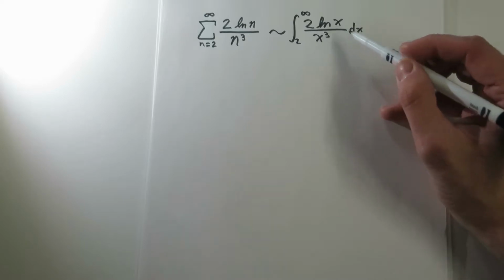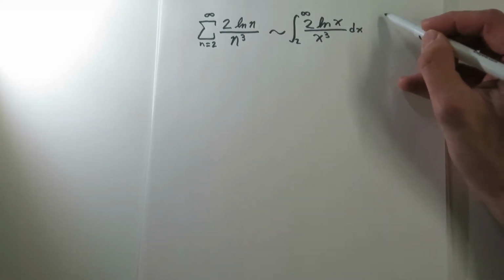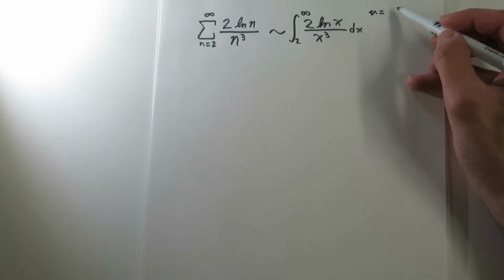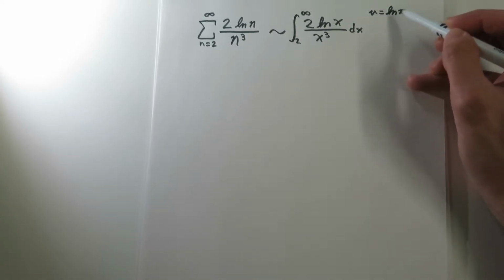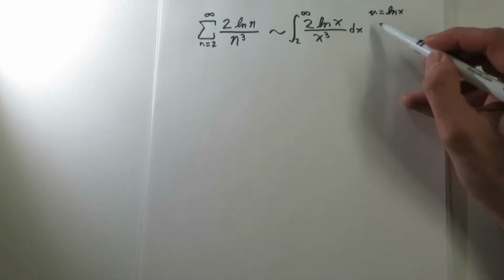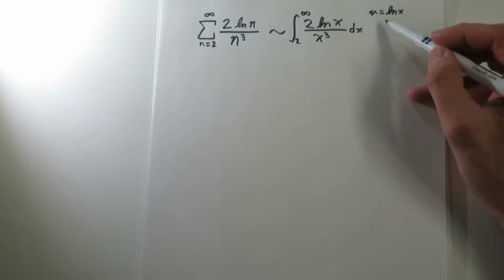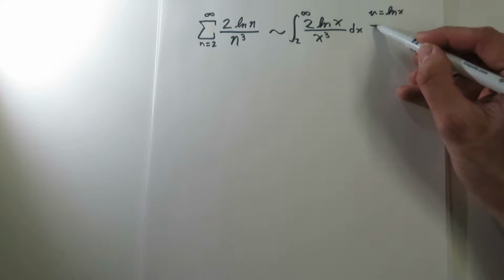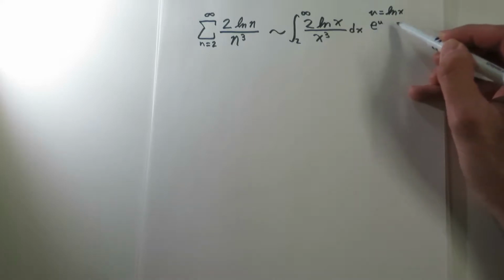And if we let u equal to our ln of x, then we could also say that if we have any other x factors, then e to the u is going to equal x.